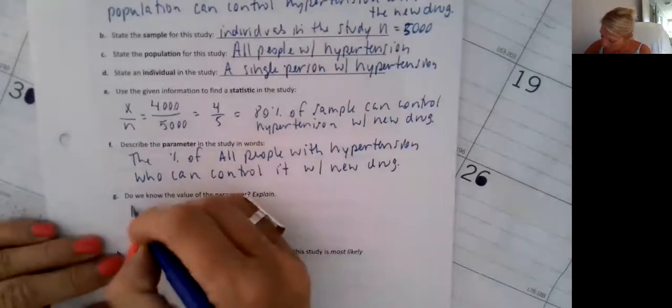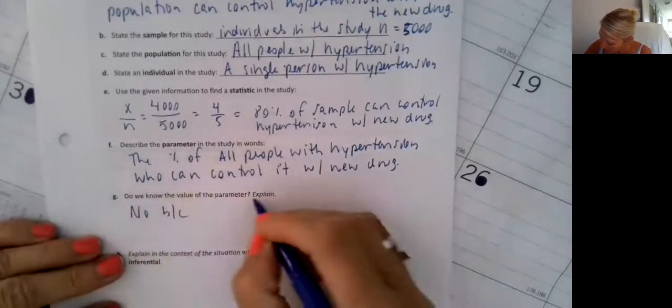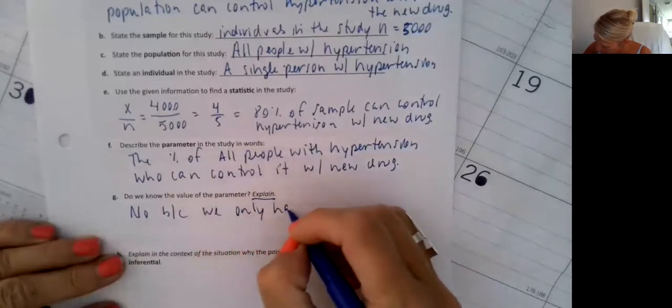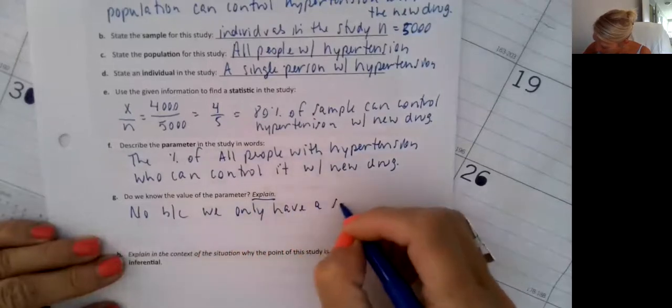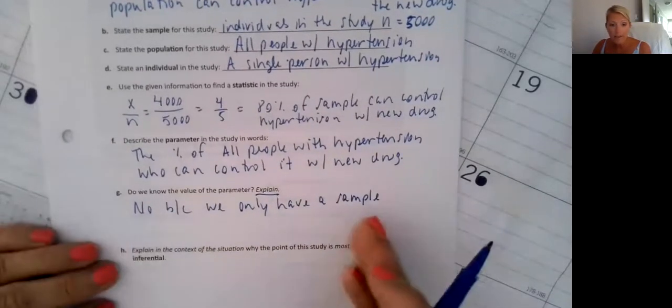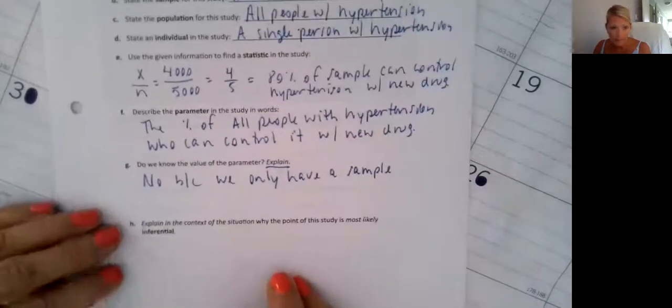And do we know this value of the parameter? No. And that's because, explain, we only have a sample. And we're hoping that our sample is good, and that our sample is reliable, and that our sample can tell us something about the population.